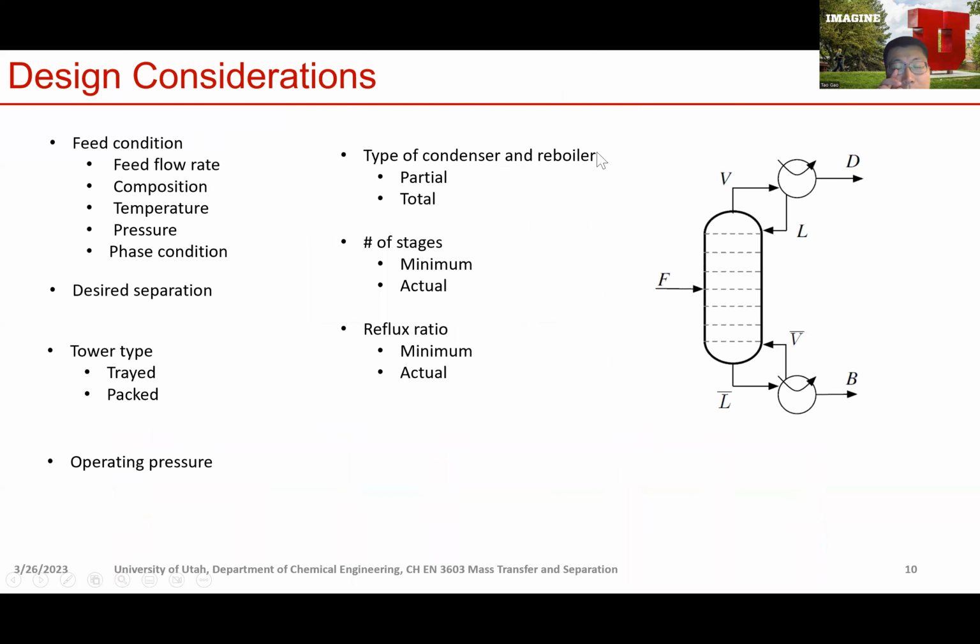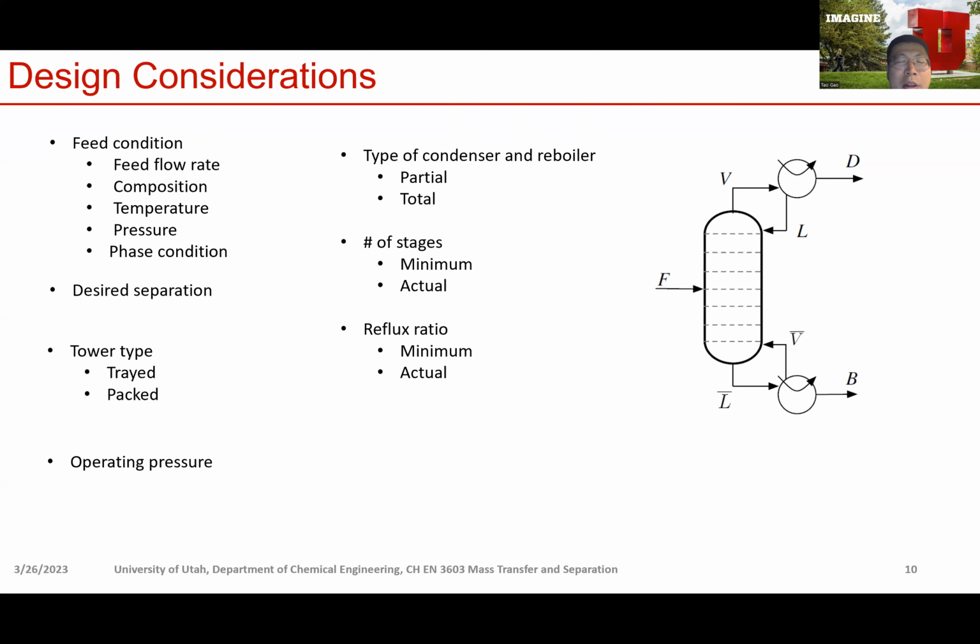Okay. So when we design a distillation column, there are a number of factors we need to consider. First, we need to know the feed condition, right? That includes feed flow rate, its composition, what temperature and pressure it's at, and what is the phase condition. Is it a pure phase, right?